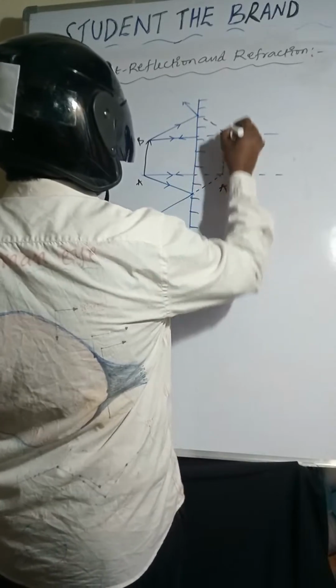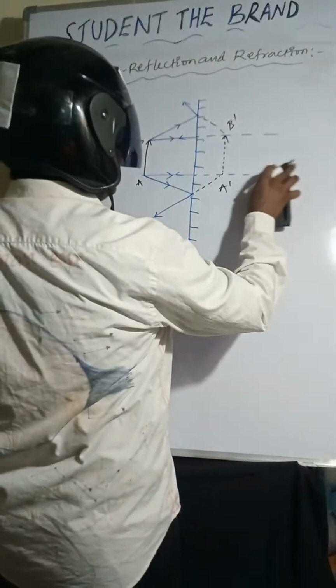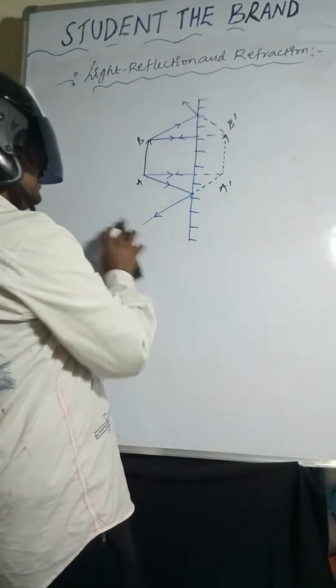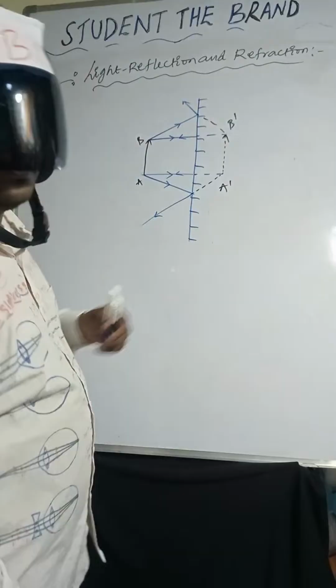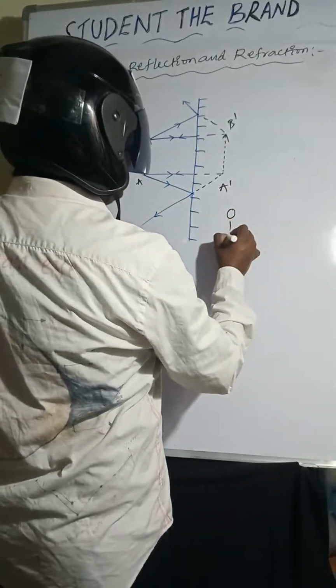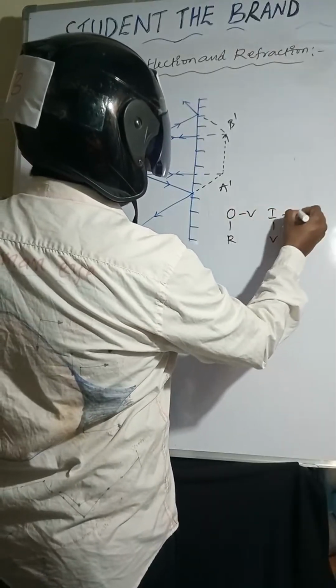Okay, A dash and B dash. So object is real, image is virtual. So in the previous example I discussed, object is real, image is virtual. Object is virtual, image is real.